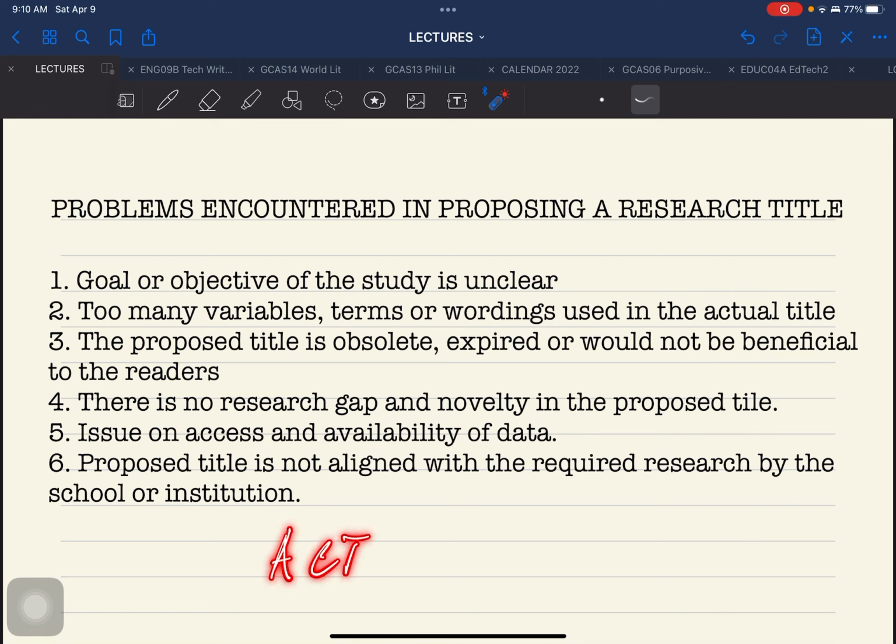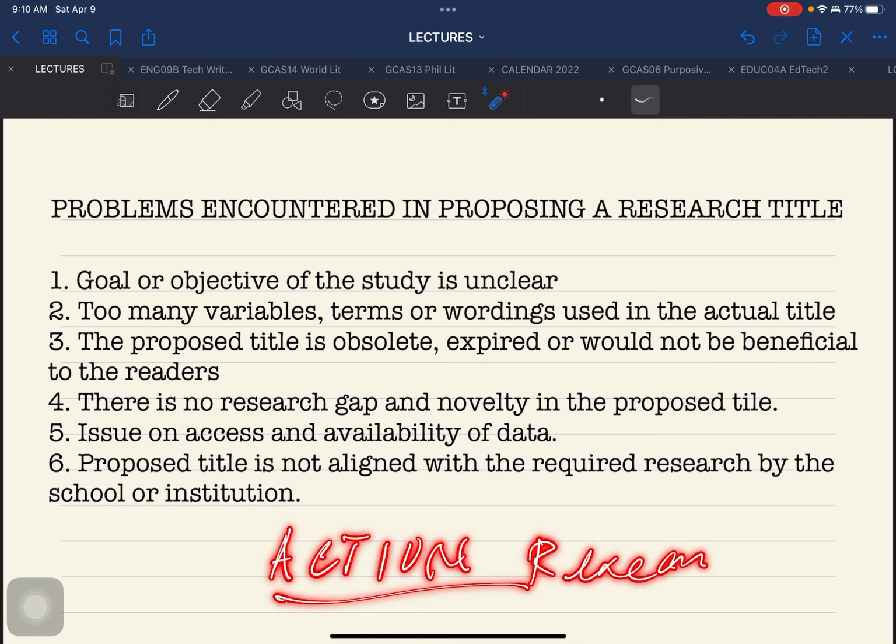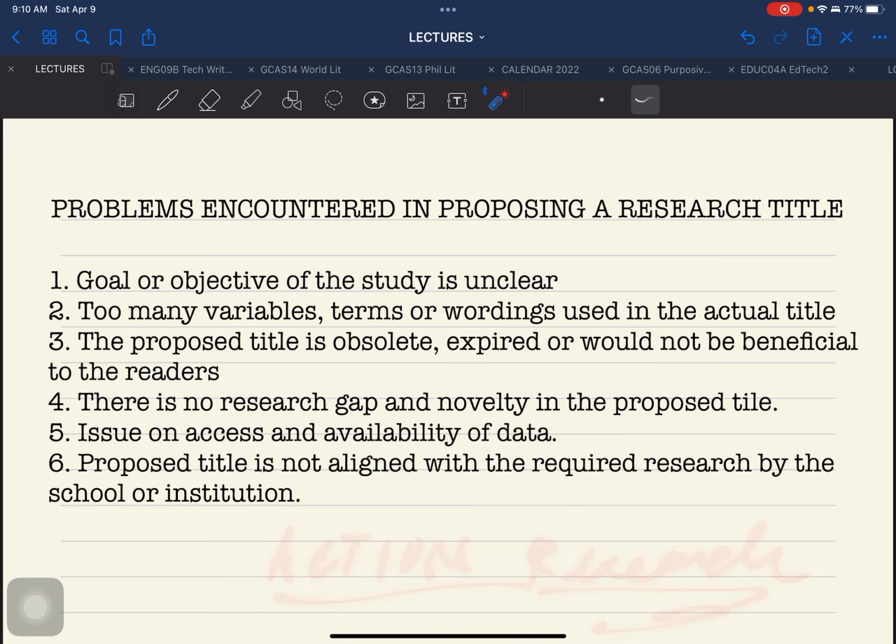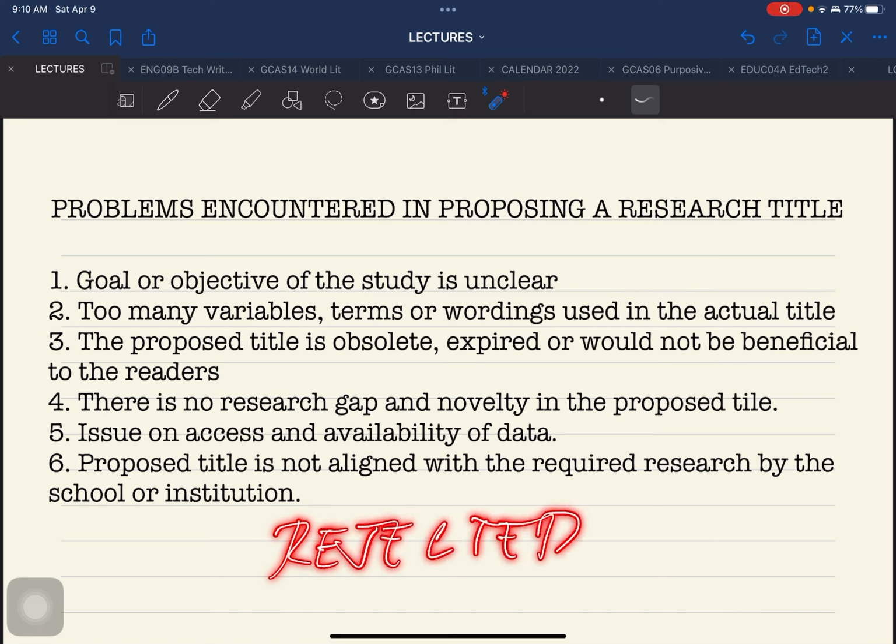Example, you are required to conduct an action research, and then you propose something that does not have anything to do with action research. It does not have an output. It does not have an innovation. Therefore, your proposed research title will definitely be rejected. Okay, so that's one example.